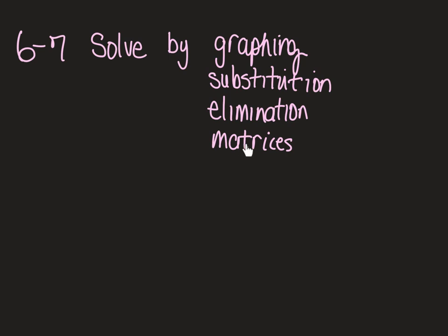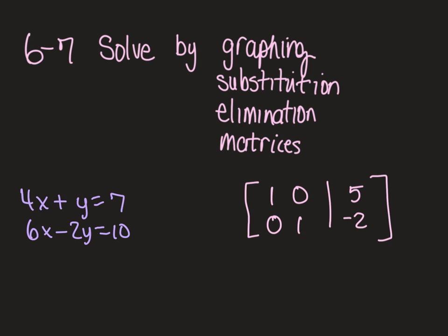And now it's time for a new method. We are going to solve systems of equations by using matrices. We're going to start off with two equations, just like we've been doing, and we're going to end up with a matrix that looks like this. Notice there's a 1 and a 0 and a 0 and a 1.